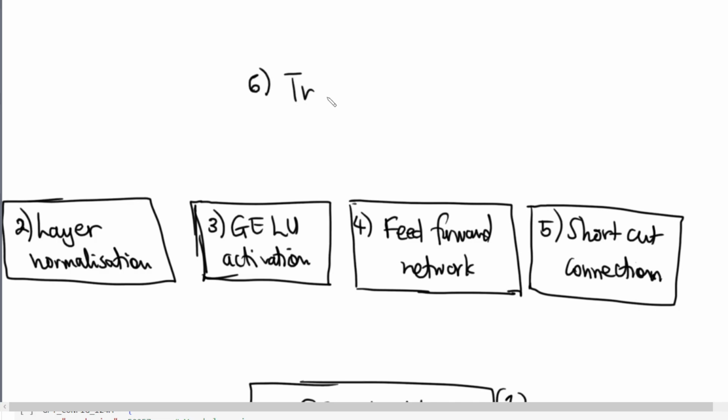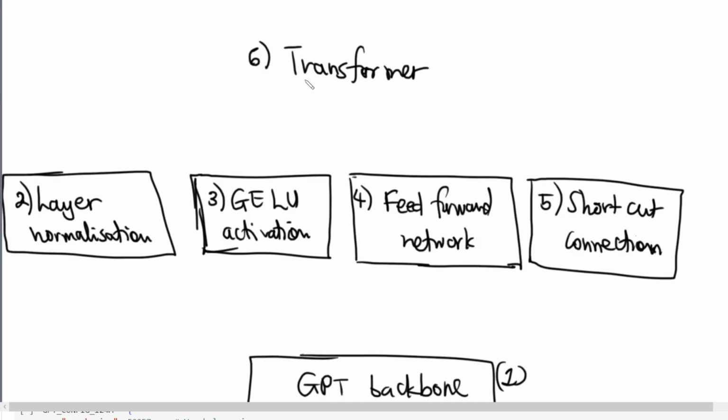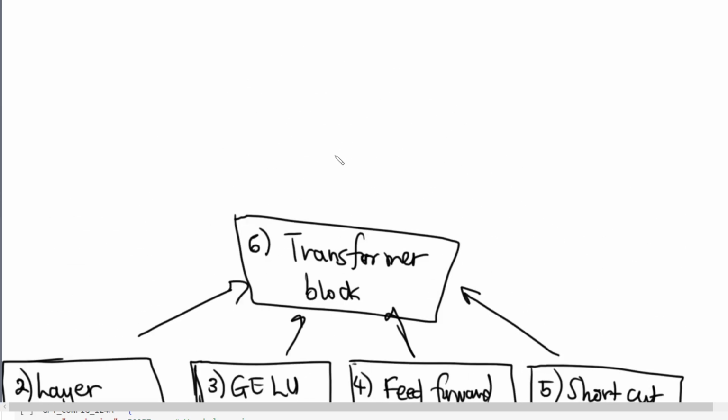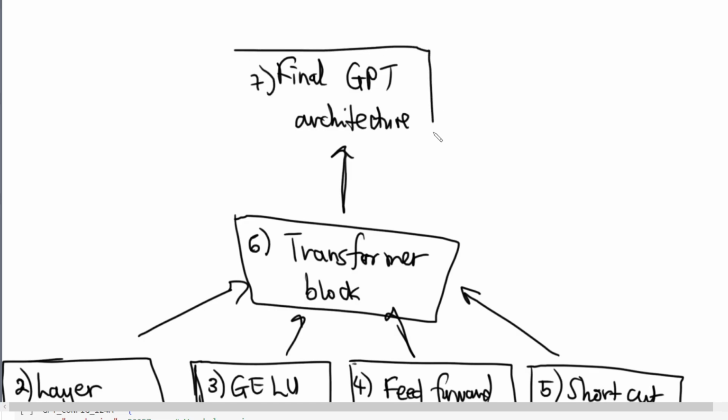And then six, we will see how all those are wrapped into the transformer block, how they are added to it. And when they are added, what we'll come out with, hopefully, is the final GPT architecture.